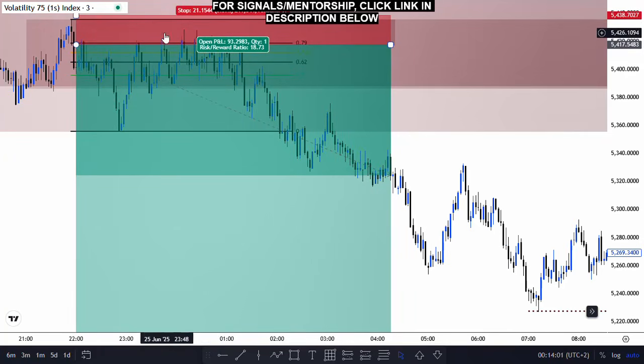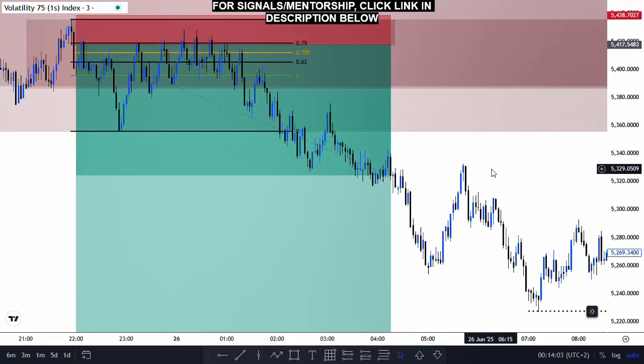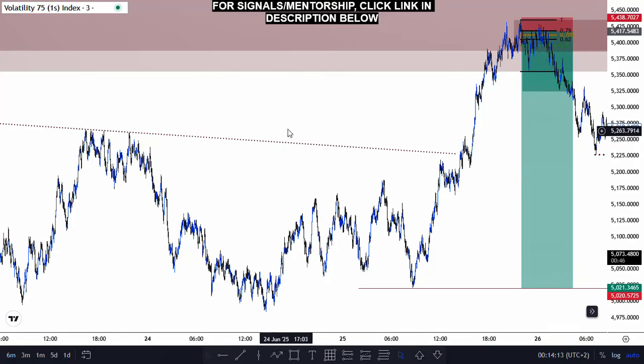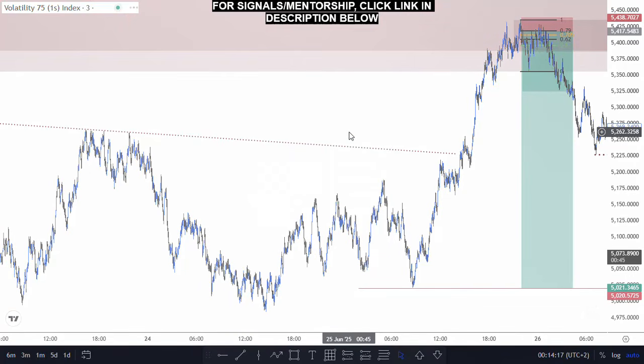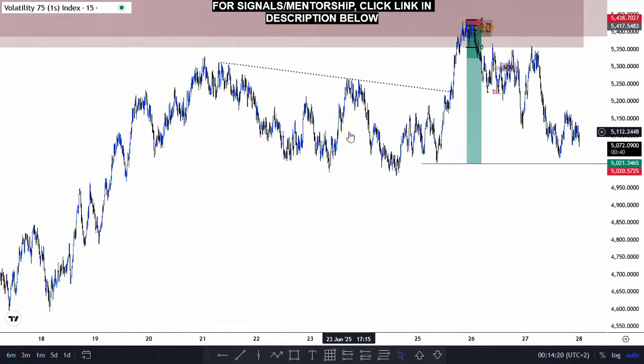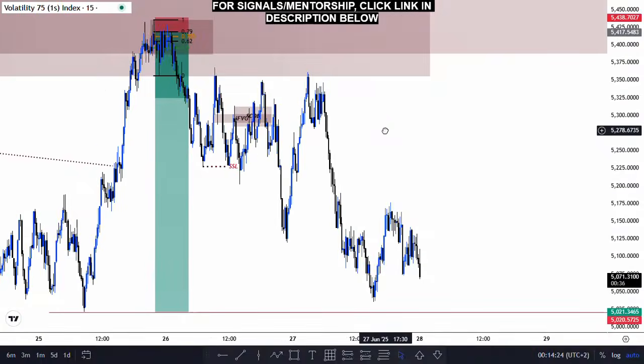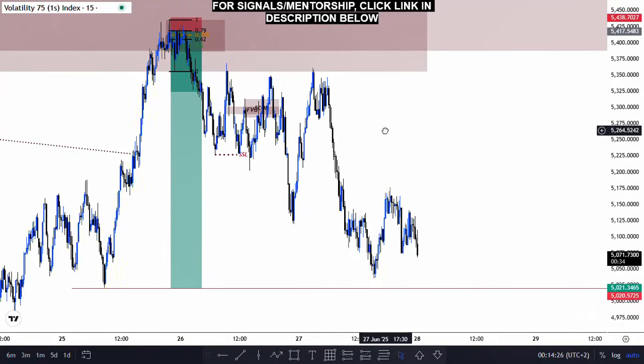So when you see this, it's very easy for you to just go into the trade and then add more trades, as long as you keep to your risk management. Okay, let's go back to 15 minutes. So this trade, we are still holding.